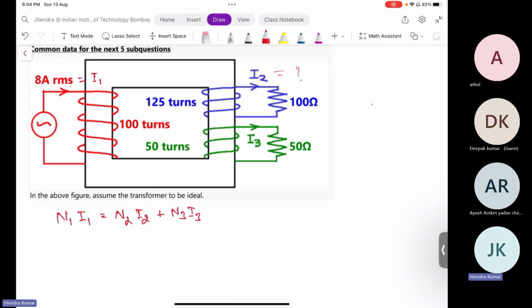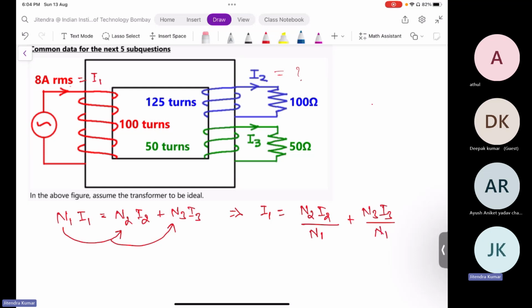Bringing N1 into the denominator on both sides, I1 is equal to N2 I2 divided by N1 plus N3 I3 divided by N1.